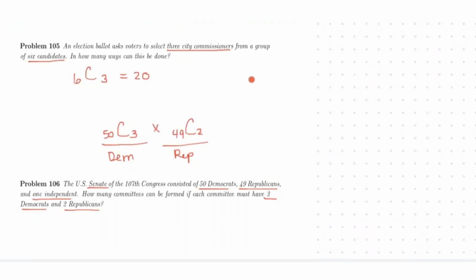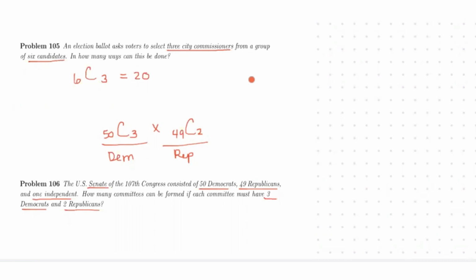So this is the first time you see the fundamental counting principle as well as combination. It is possible to have combination, permutation, and the fundamental counting principle all together. So this is the first time it mixes everything together with 2 different groups.